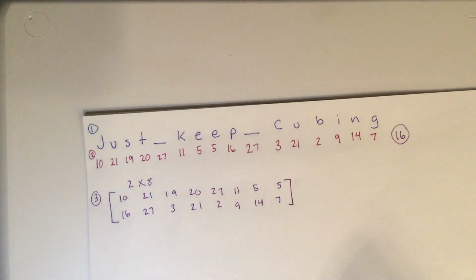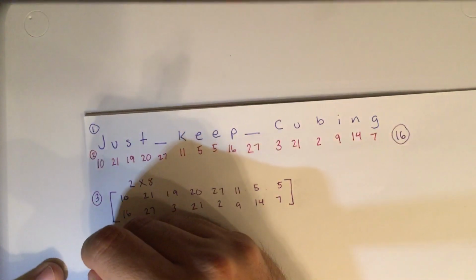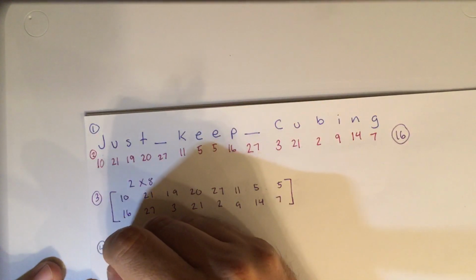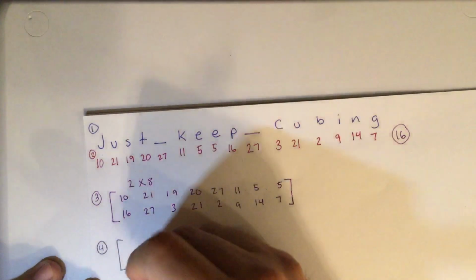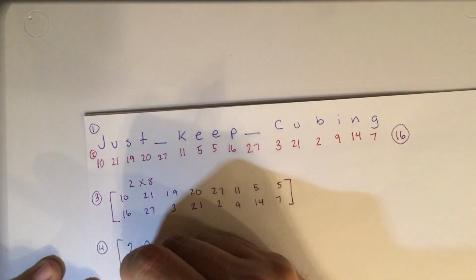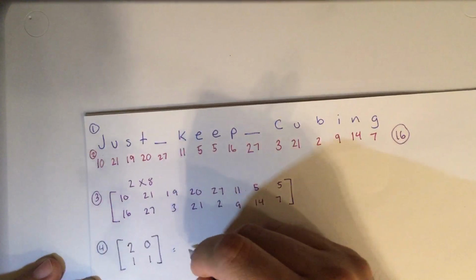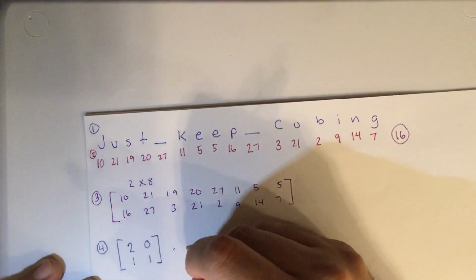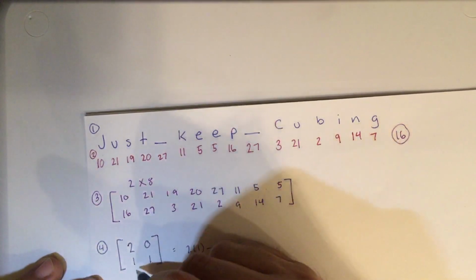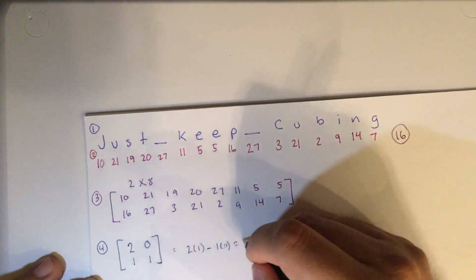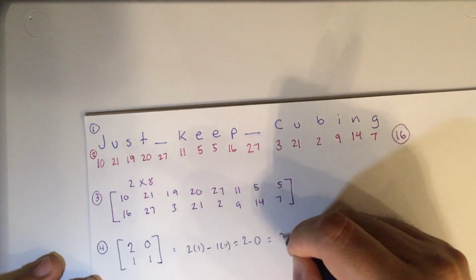All right, what I'm going to use for mine is this one right here. I'm going to pick 2, 0, 1, 1. To show you the determinant, 2 times 1 minus 1 times 0 is 2 minus 0, which is 2.